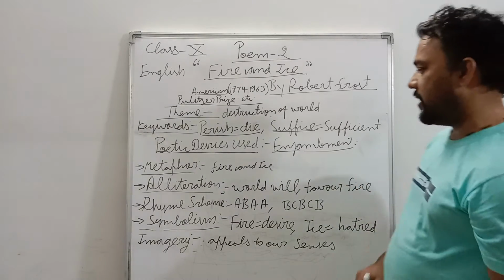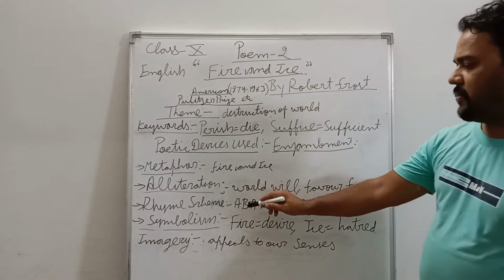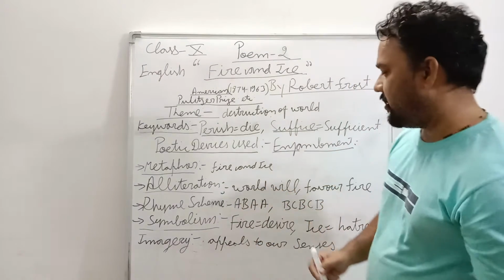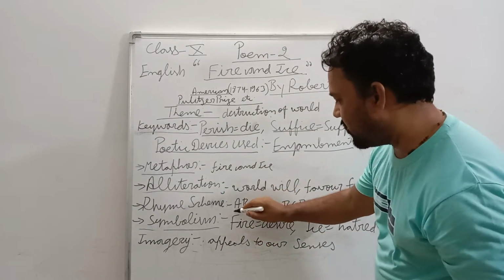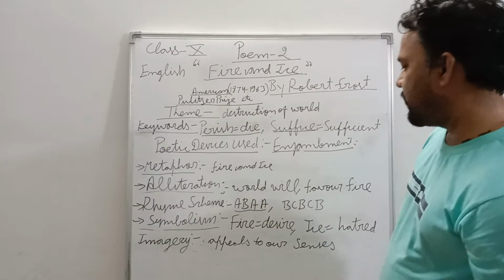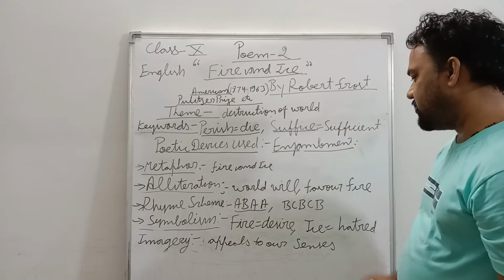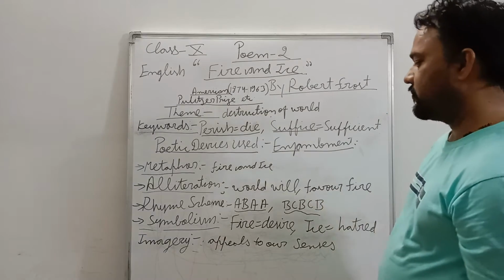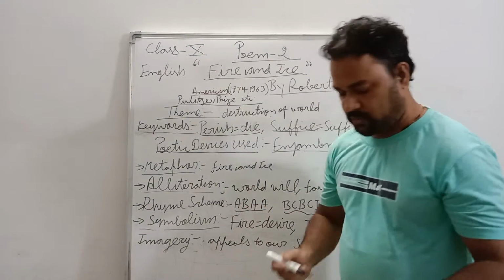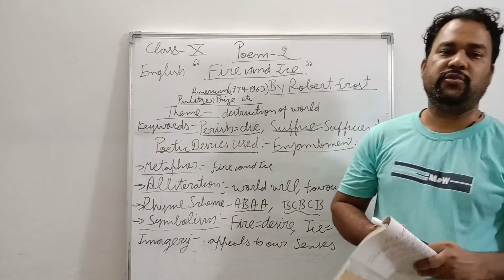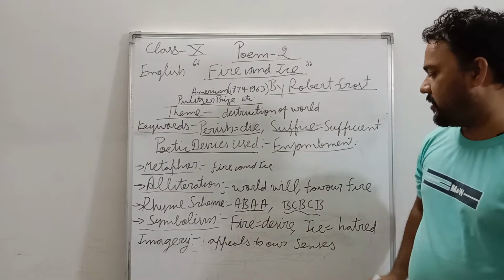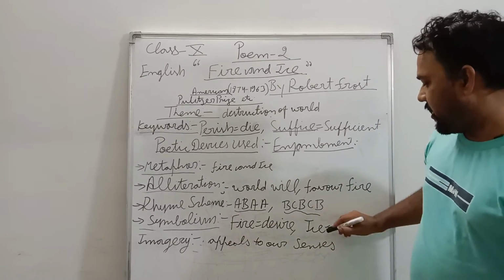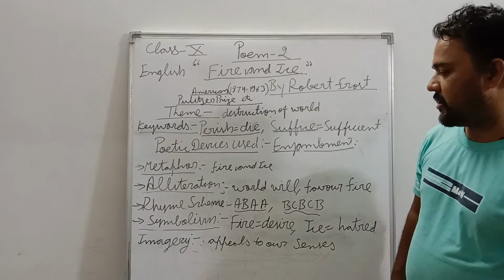So here also alliteration. Then the rhyming scheme: in the first stanza it is A B A A, and in the second stanza it is B C B C B. Symbolism is also used here. The poet has used the symbol of fire for desire and ice for hatred.